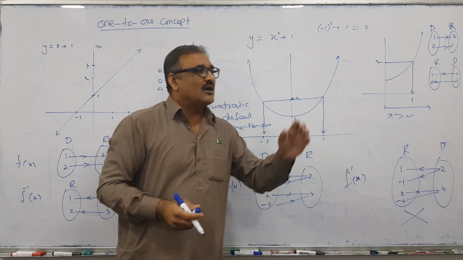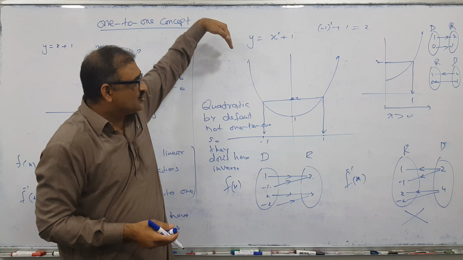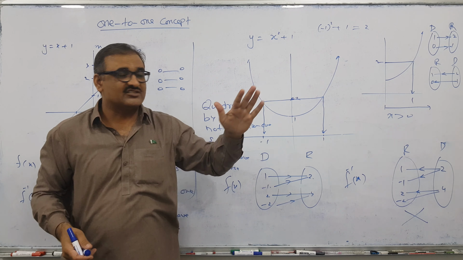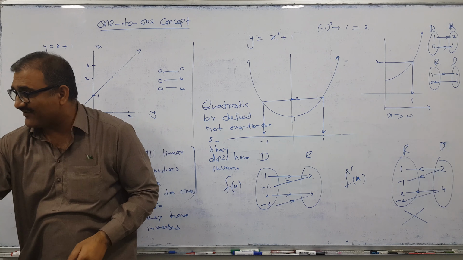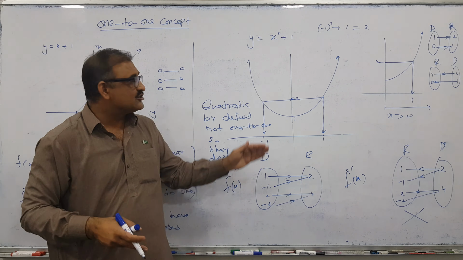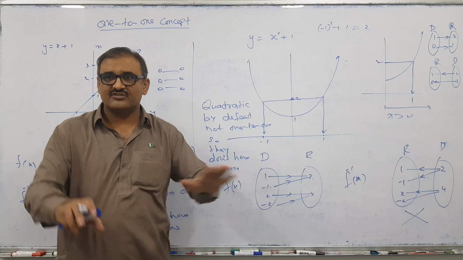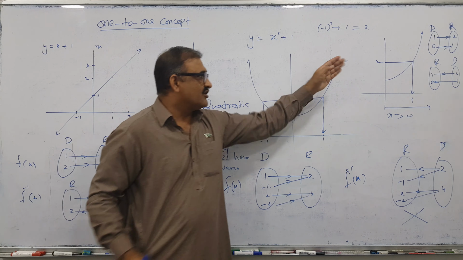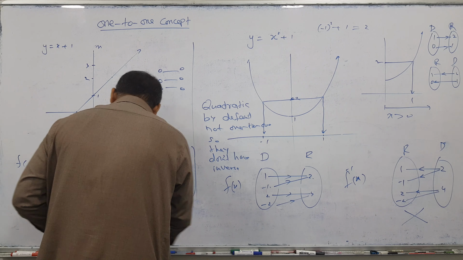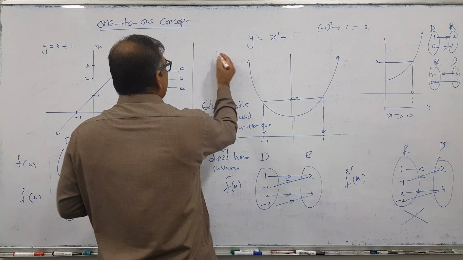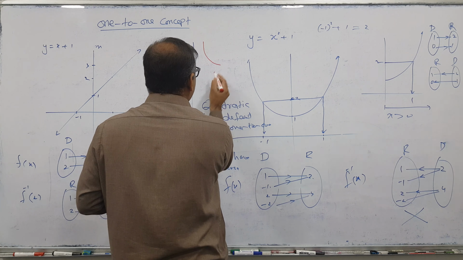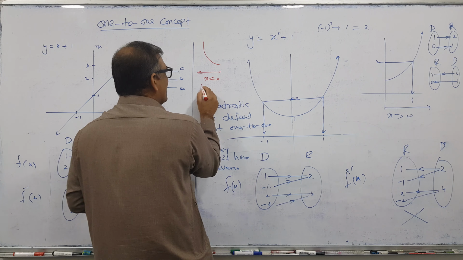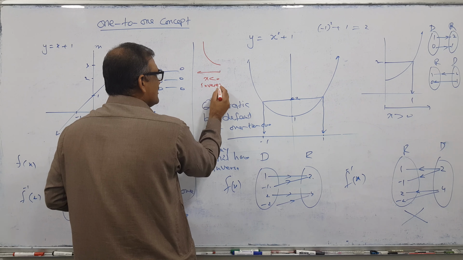So you learn one lesson from here: if your curve turns at a turning point, it has no inverse. So you have to stop your graph at the turning point. If the left side of the graph comes and you stop the graph here, it has an inverse. If my graph starts from 0 and goes backward, with x values from 0 backward, the inverse exists.